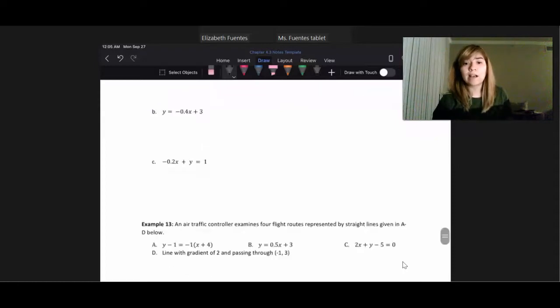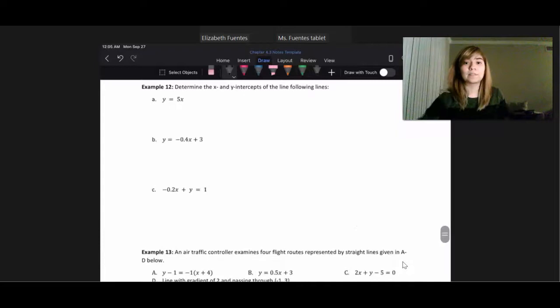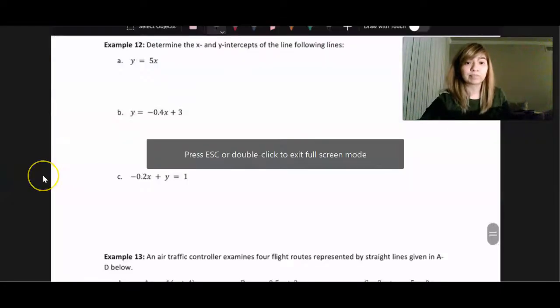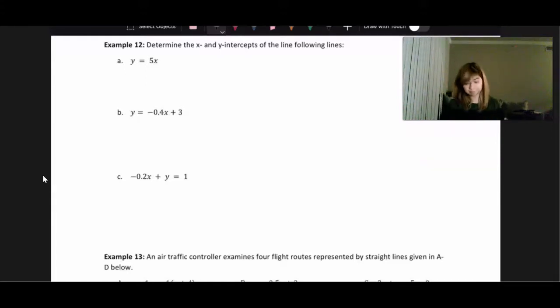Example 12: you need to find the x and y intercepts of the given line. This is where you either plug in 0 for x or plug in 0 for y and solve. I'll do one of them and then you can do the rest, so I can finish out this video because it's getting pretty long and I still have a few problems to go through.